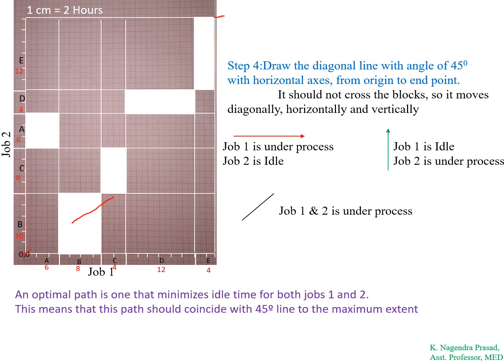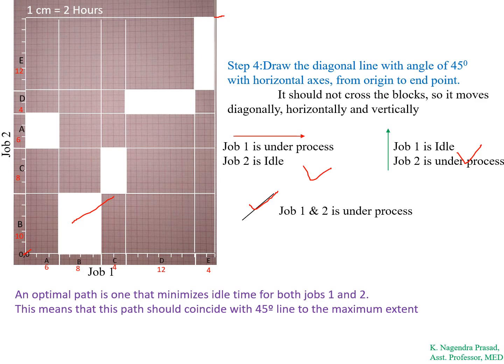First, the horizontal line represents that job 1 is under process and job 2 is idle. The vertical line represents that job 1 is idle and job 2 is under process. And the inclined line represents that job 1 and job 2 are both under process.